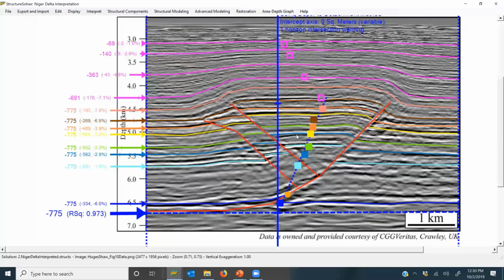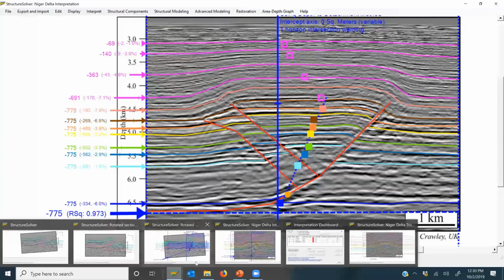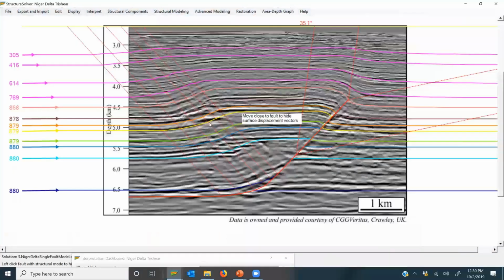And part of that discrepancy is probably due to how we're dealing with the back thrusts: they are entirely accounted for by the hand interpretation, whereas in our forward model, we've simply simplified through them.